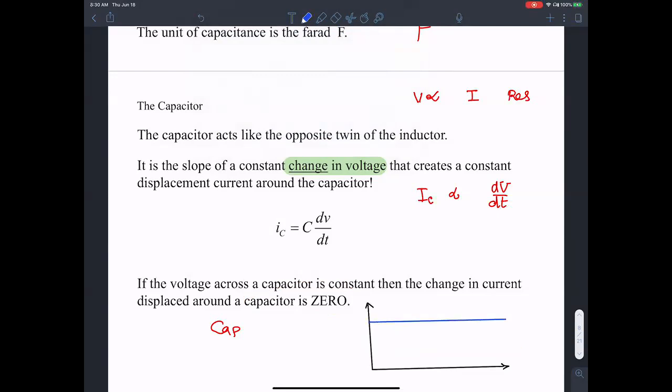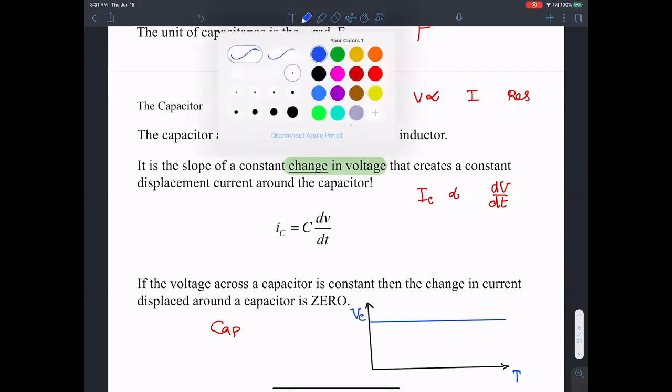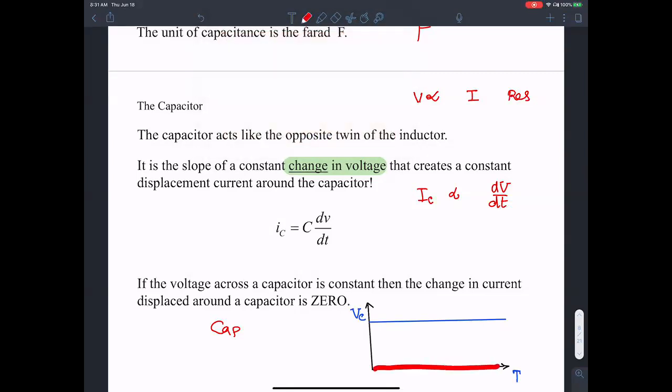Let's say I'm plotting time on the x-axis and voltage on the y-axis. If this is the voltage across the terminals of a capacitance and it is constant, then the current is really zero, because the current is proportional to the slope, right?